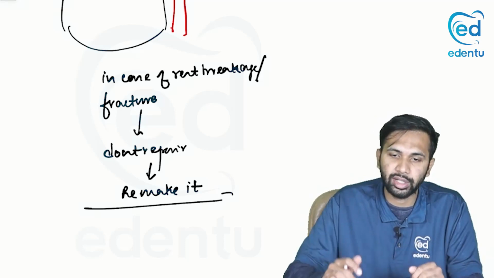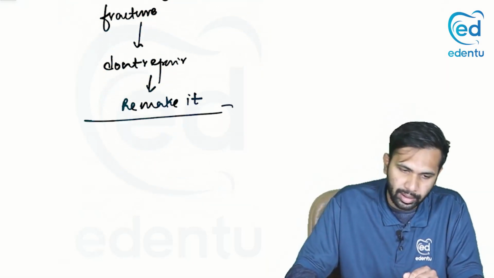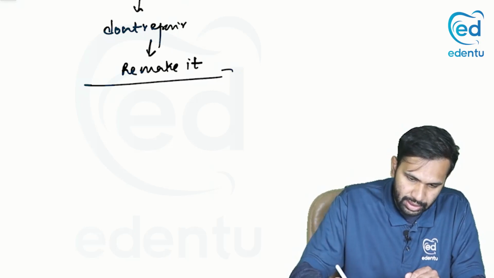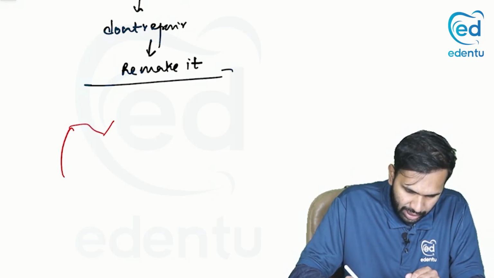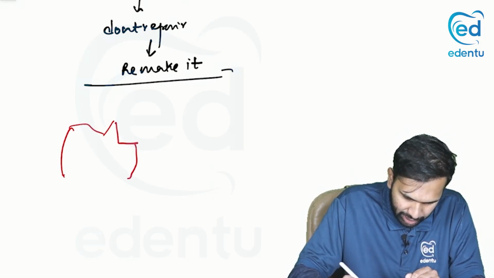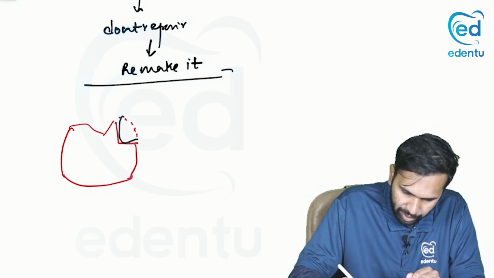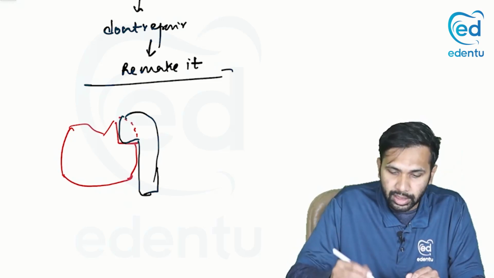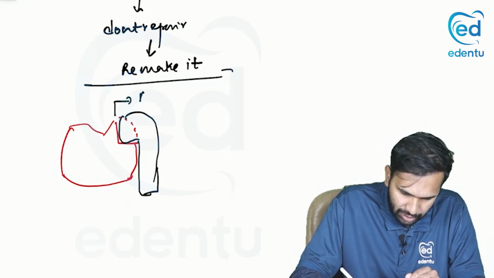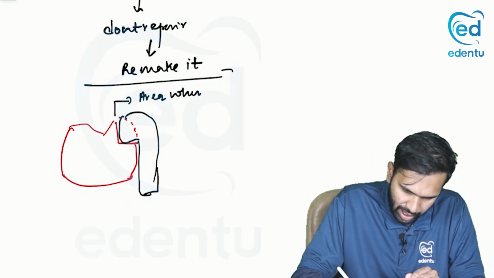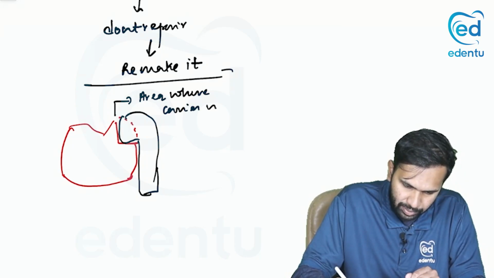Always refabricate it. Now, this rest seat, again I'm telling, is prepared in the tooth like this. And this rest will go and occupy this space. So this acts as an area where caries will develop.